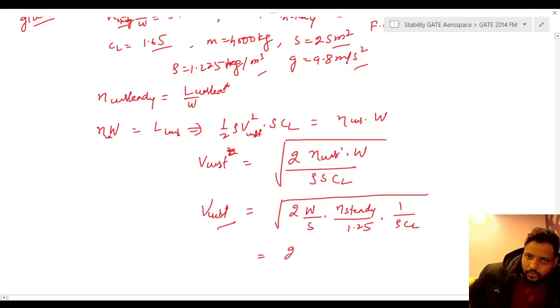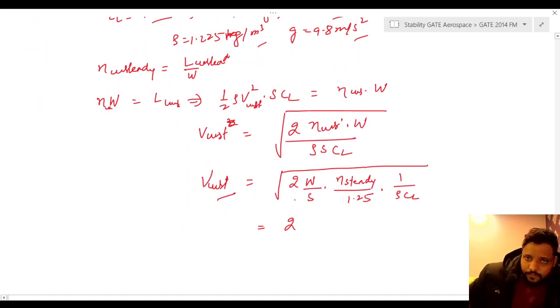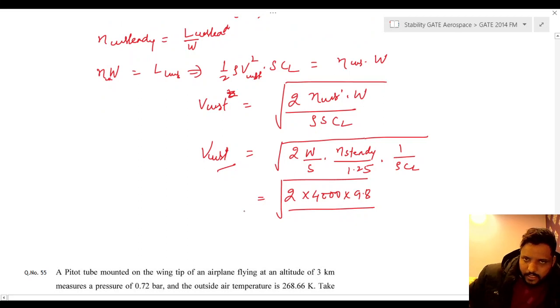So 2 into what is the W here? W is 4000 kg into 9.8 divided by the surface area of the wing, which is 25 meter square, into 3.2 by 1.25, sorry, 1.2, and into density 1.225 into CL as 1.65.